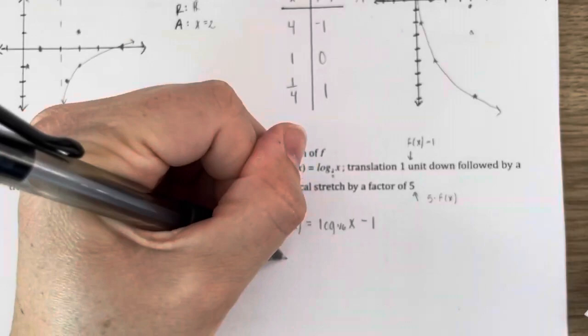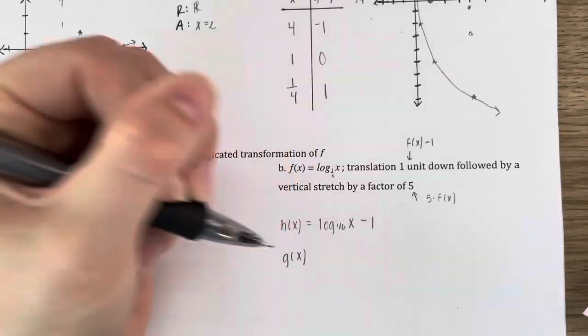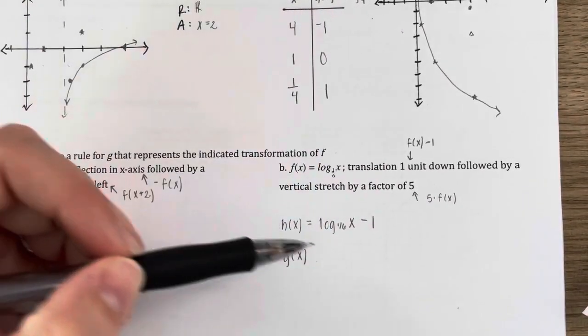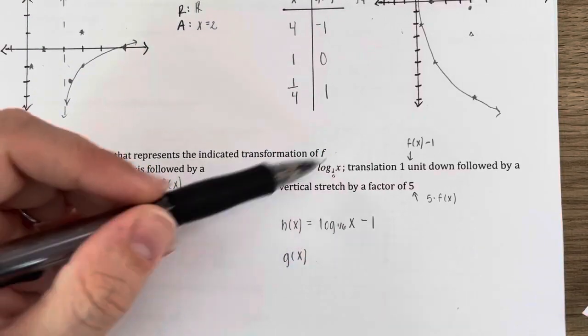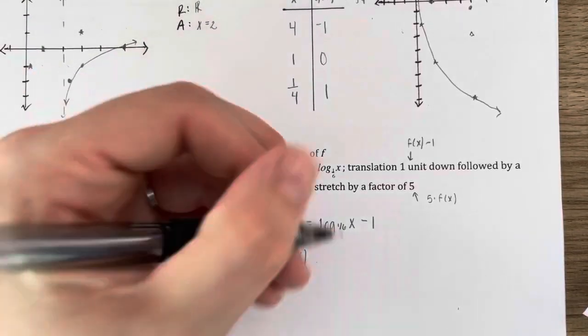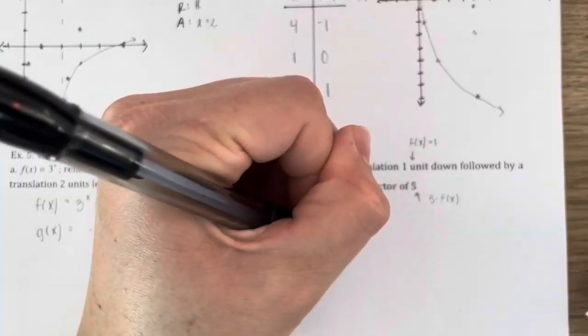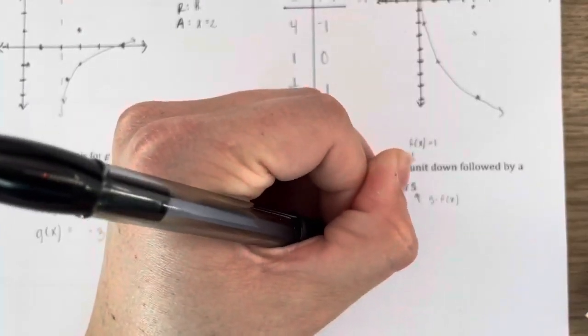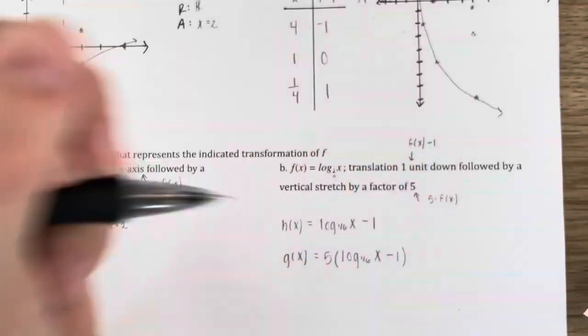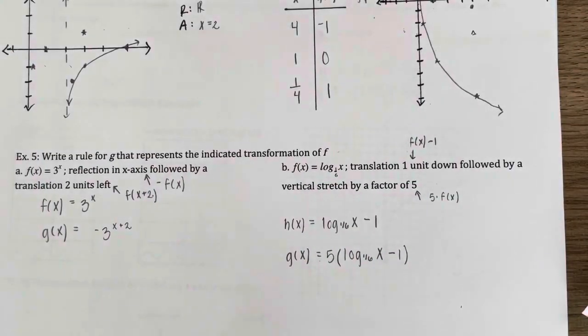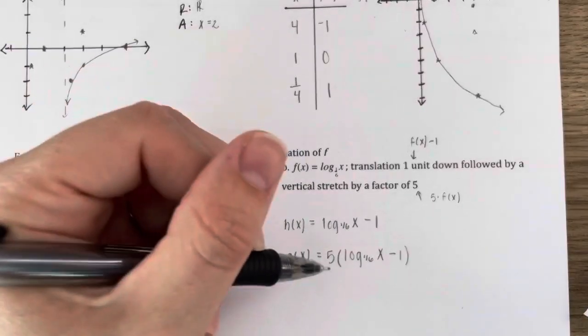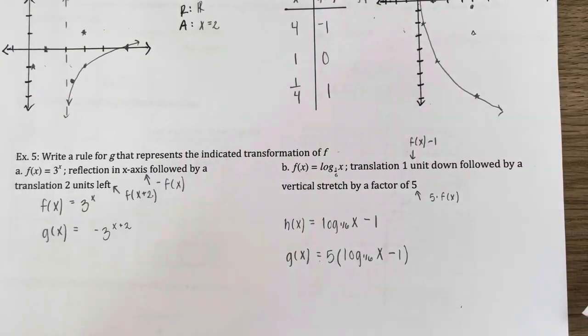So the final function will be g of x, and g of x is going to be h of x all multiplied by 5. So stretch by 5, it'll be 5 times log base 1/6 of x minus 1, and that whole h of x function needs to go in parentheses, or else the translation won't be included with the stretch. And then lastly, we just need to distribute the 5 in.